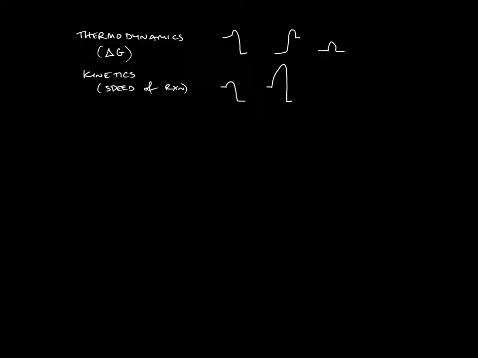And really, it's about how hard is it to kind of climb this little hill in order to get to your products. So, kinetics is all about how fast a reaction happens. Thermodynamics is really going to tell us whether a reaction happens and if it likes to go forward or in reverse. That is all you need to know, maybe, but let's get into a lot more specifics.